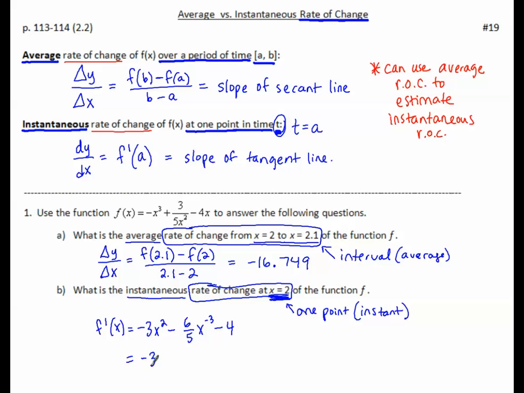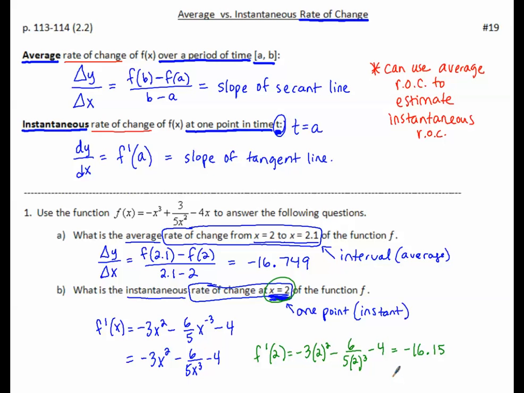So that'll be negative 3x squared minus 6 over 5x cubed minus 4, but we specifically want it at x equals 2, or at that point. So f prime of 2, then we plug it in: negative 3 times 2 squared minus 6 over 5 times 2 cubed minus 4, and we can evaluate that as negative 16.15 exactly.